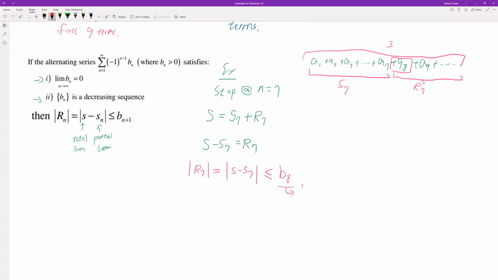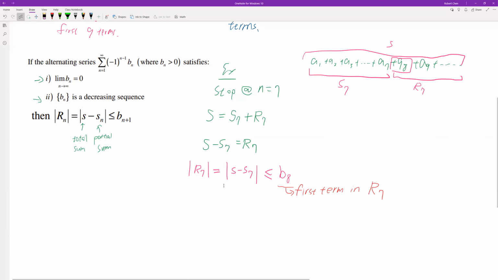So let's write it down: B8 is the first term in R7. Take a second to think about that. Just think about the terms. We don't have to understand everything here, just what it's saying.